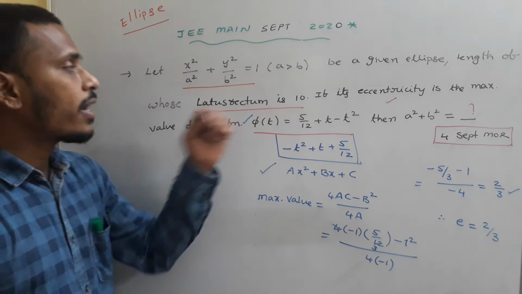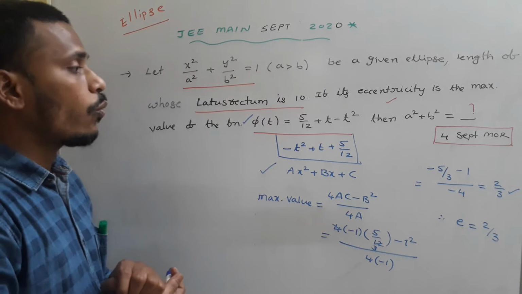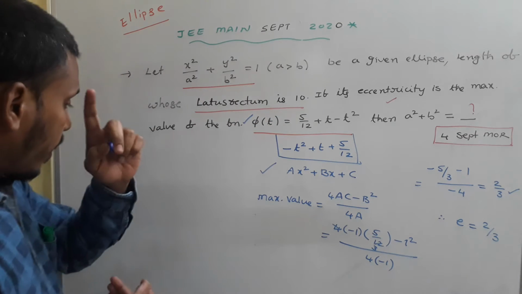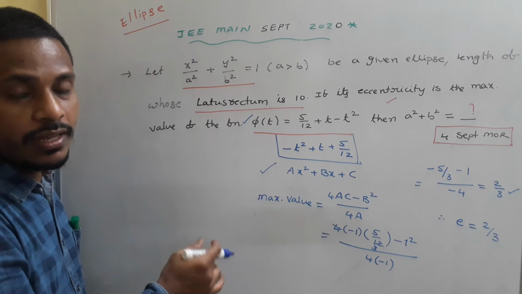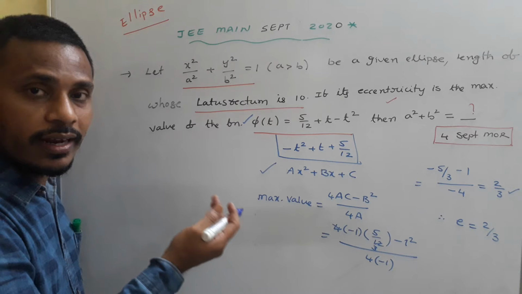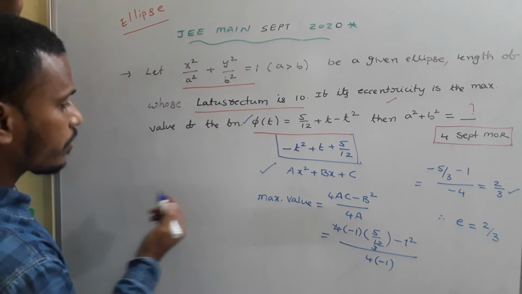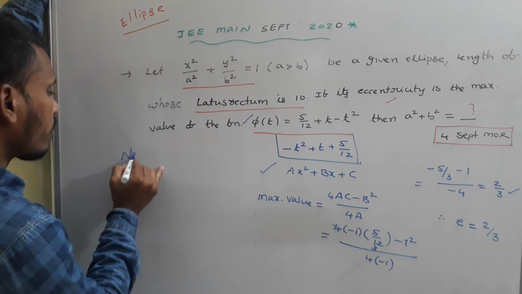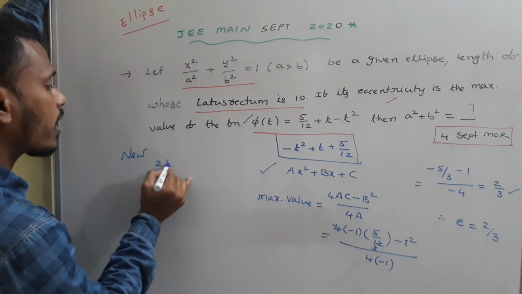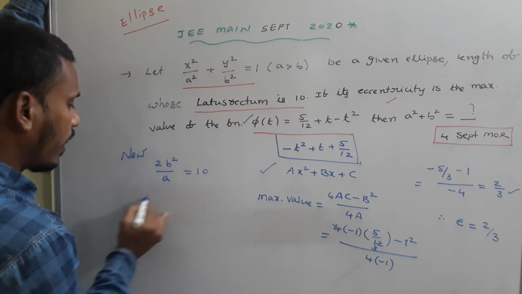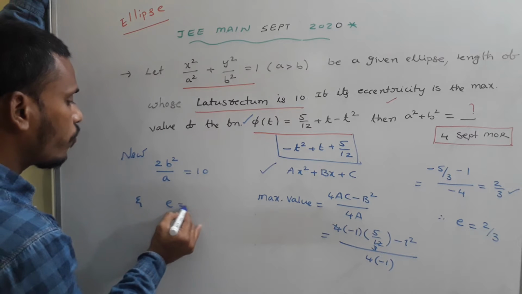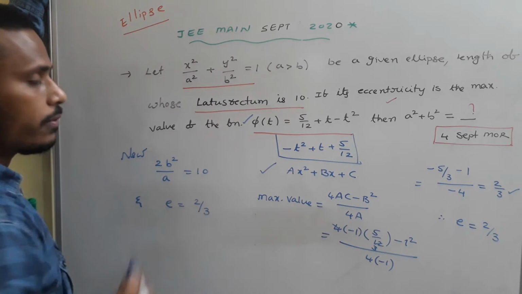The length of latus rectum is also given as 2b square by a. Now convert the problem in terms of the ellipse, using the rules, definitions and words related to the ellipse. We have the length of latus rectum, 2b square by a, as 10, and the eccentricity of the ellipse as 2 by 3.